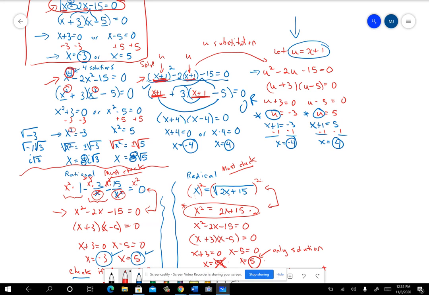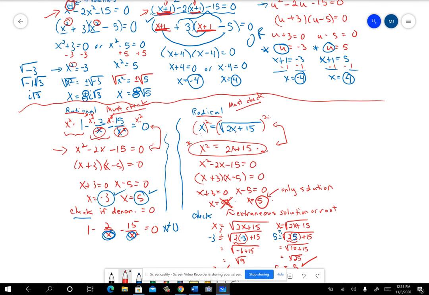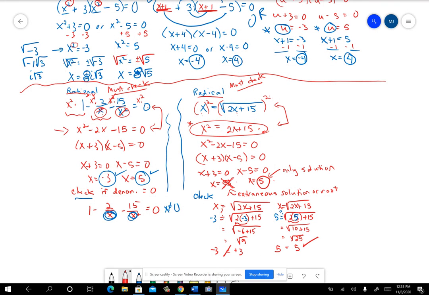And then it also can be used to solve rational and radical equations that turn into a quadratic. Sometimes when you do your first step on those, they become quadratic. And when they do, then you already know everything there is to know about solving a quadratic equation. Isn't that neat? Okay. So this is looking at solving equations using quadratic techniques. Okay. I'm going to stop this and get this posted.